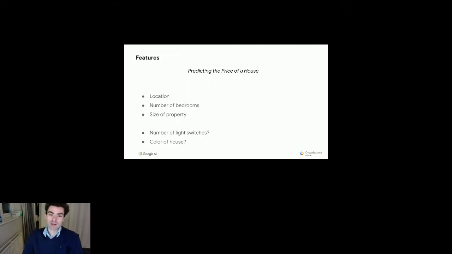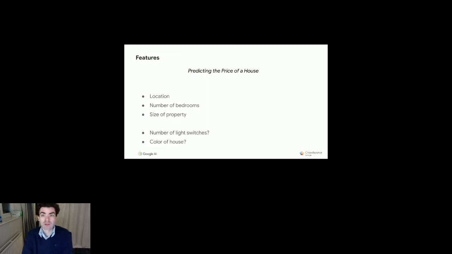So if you had a supervised model, you'd already have chosen these features, and you'd just be training the model on these features: location, number of bedrooms, size of property, square footage. And you wouldn't care too much about number of light switches or color of house.